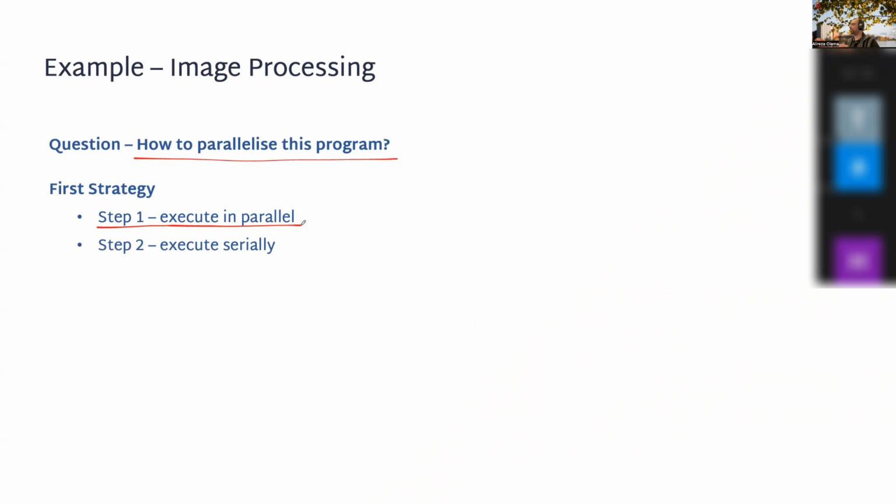So we assign each pixel to a processor or to a thread. You can actually do it really on GPUs, but let's do the second step sequentially, right? So we compute the new pixel values in parallel, but we compute the average sequentially. Now let's analyze this program. What would be the runtime complexity for the first step in this case?